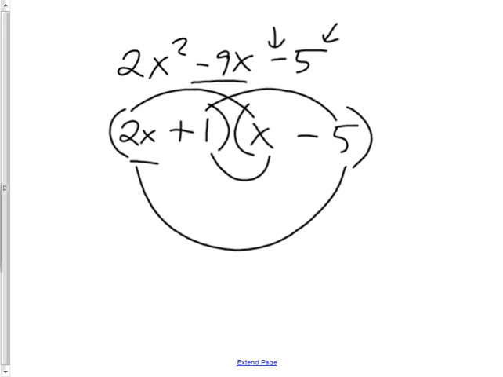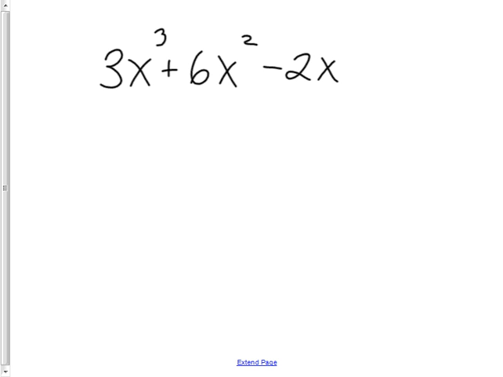Okay, next kind is where you go to 4 terms. And I just taught you that a couple days ago. Let's go with 3x to the third plus 6x squared minus 2x minus 4. This one will factor.